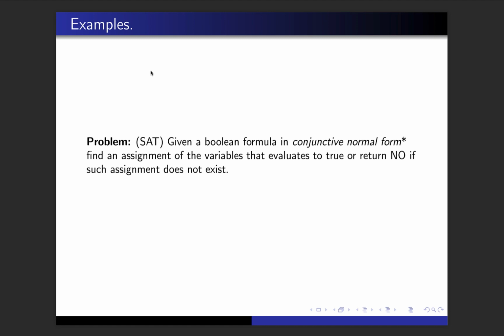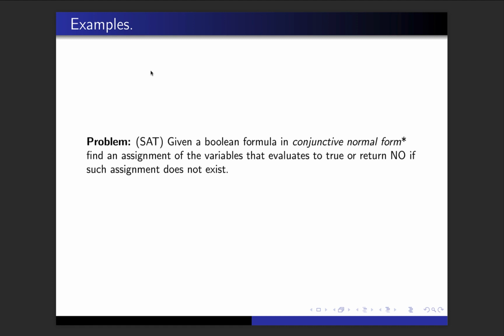What is this problem? Well, we're given a Boolean formula. This is a formula that takes as input variables that take value 0 or 1. This formula is written in conjunctive normal form. I will tell you in a second what that means, but we will abbreviate that from now on as CNF, because typically the input of a SAT problem will be in CNF form.